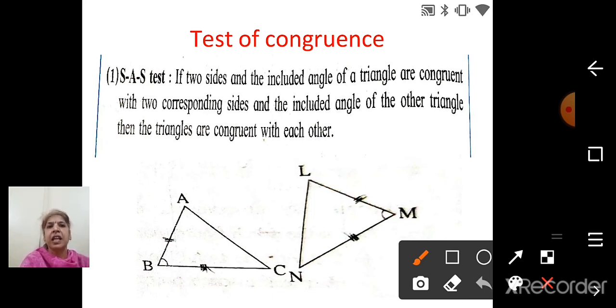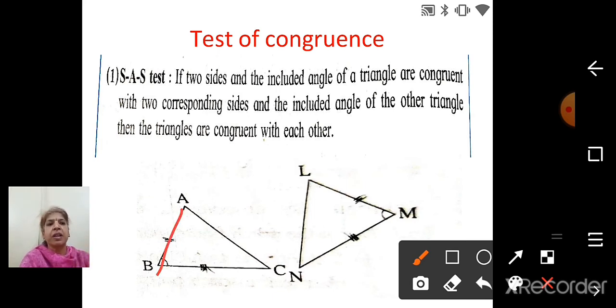Now let's see. If 2 sides and the included angle of a triangle are congruent with 2 corresponding sides and the included angle of the other triangle, then the triangles are congruent with each other. So SAS test is 2 sides and the included angle. Given triangle ABC, which are the 2 sides congruent? They are shown by identical marks.